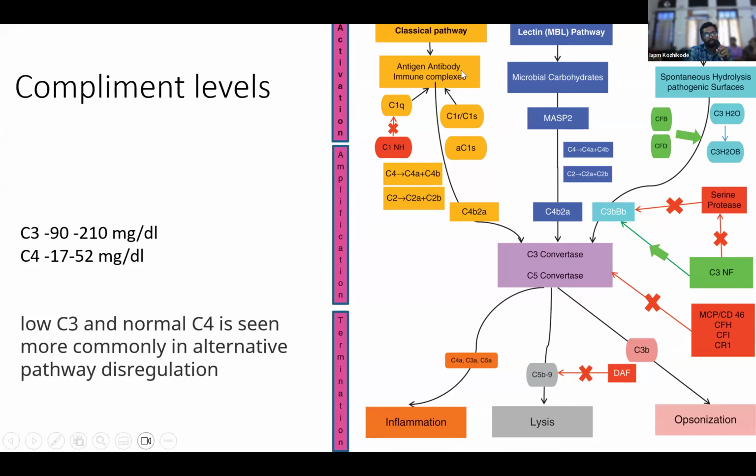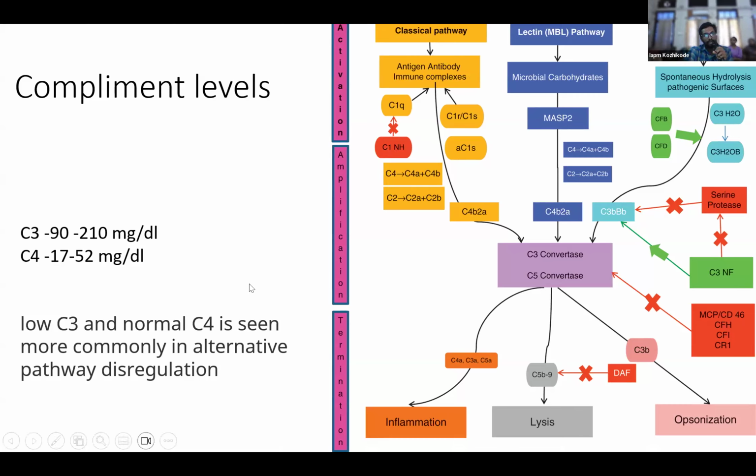So look at this chart. If I am getting low C3 and C4 level, what should I expect? So this should be a problem that is related to the classical pathway. Okay, because both the C4 level and the C3 levels are low. So most likely there is something going on in the classical pathway.